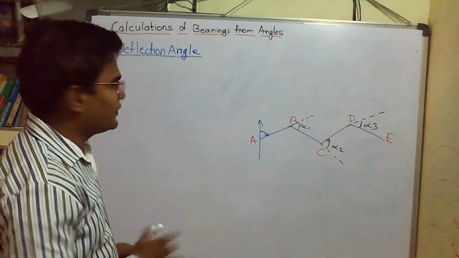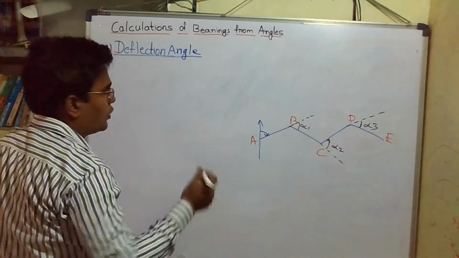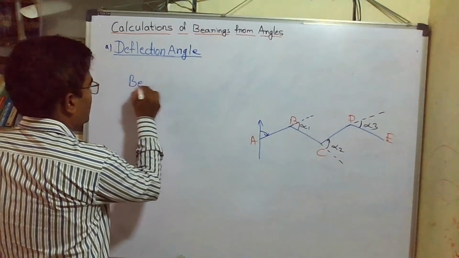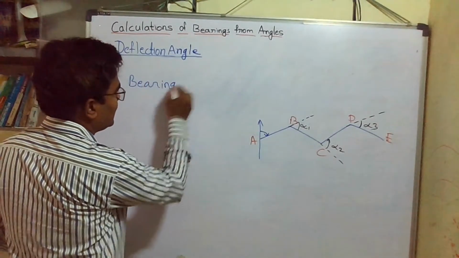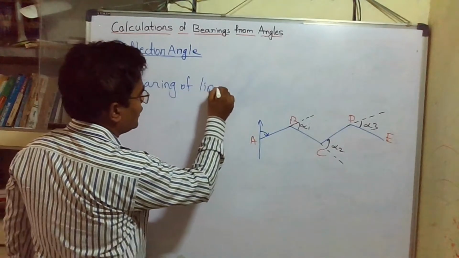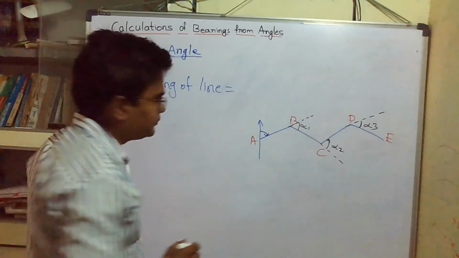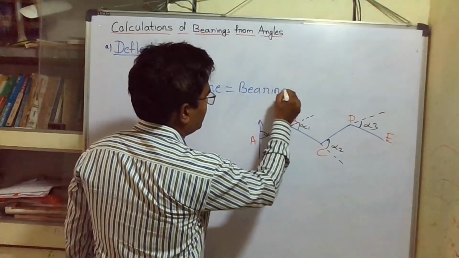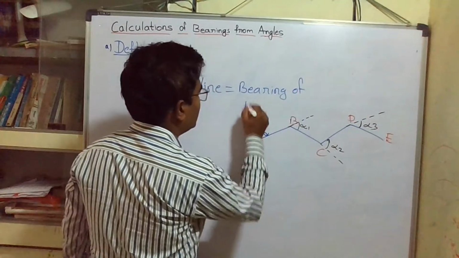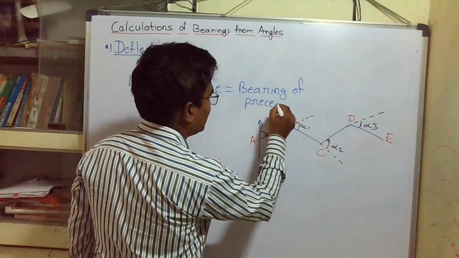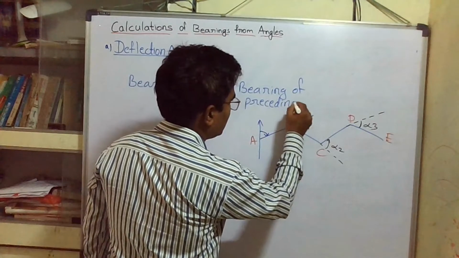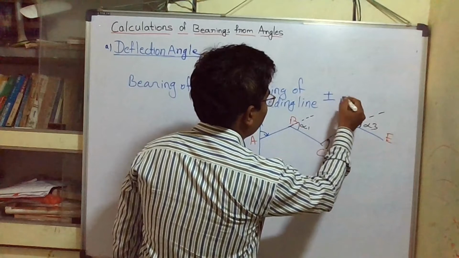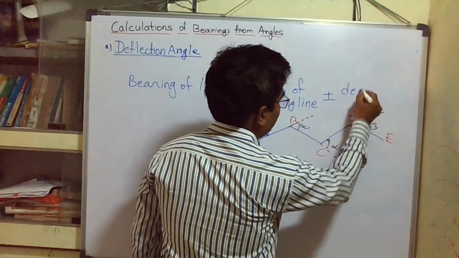So here the simple formula is there. How to find out the bearing of the next line? The bearing of a line is equal to the bearing of the preceding line plus or minus the deflection angle.